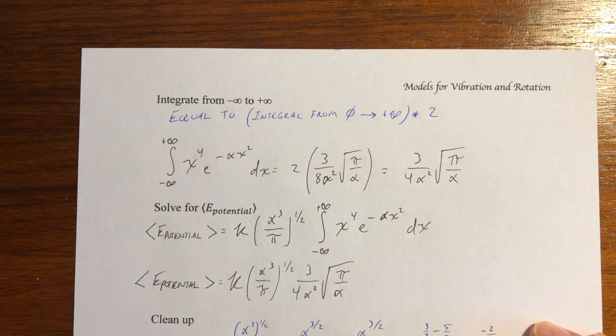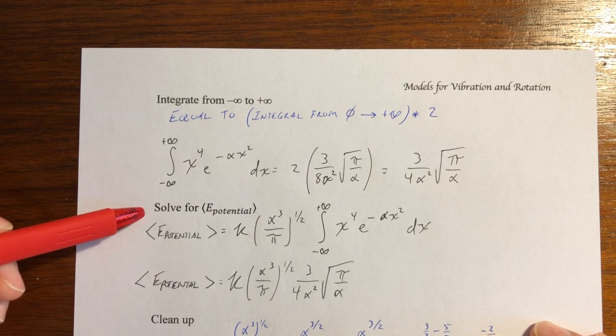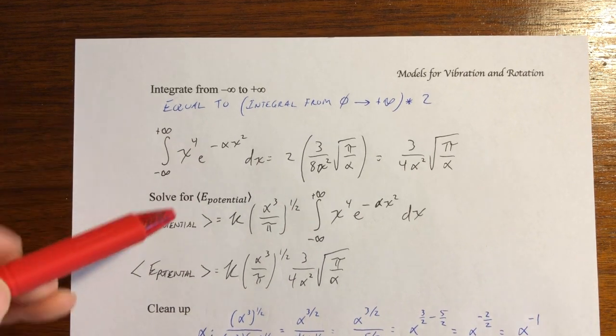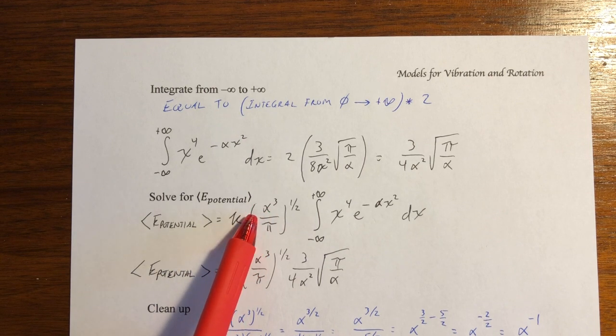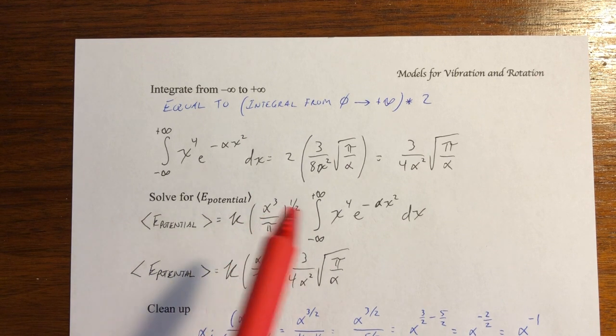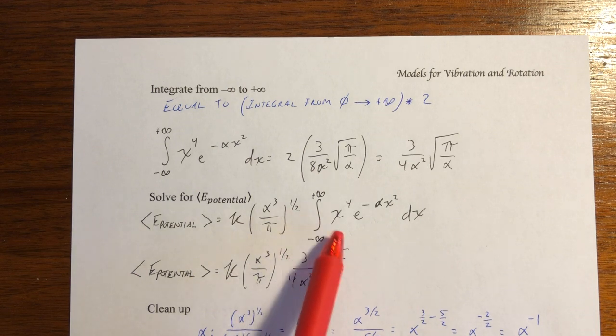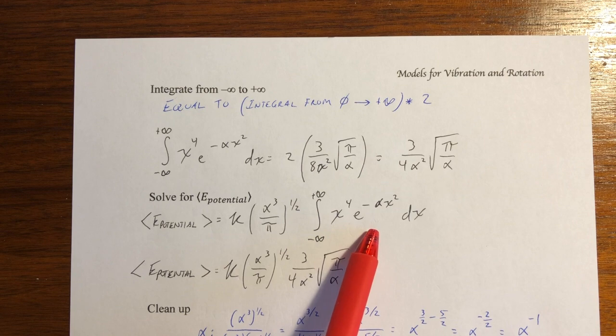Now that we have solved our integral, we can bring that back and solve for our average value of potential energy, which is our expectation value. So our expectation value for potential energy is going to be equal to k, our spring constant, times alpha cubed over pi raised to the 1/2, all of these constants that were hanging out in front of the integral, times our integral from negative infinity to positive infinity of x to the 4th e raised to the negative alpha x squared dx.